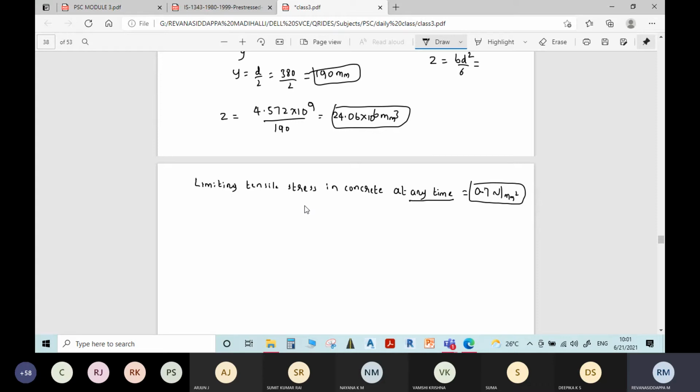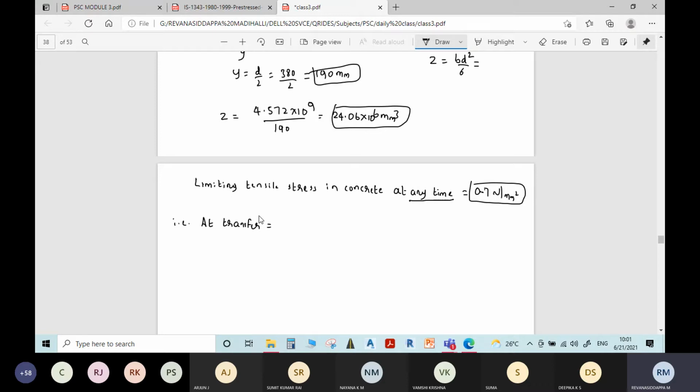Now what will we do? We will use this condition. He said that limiting tensile stress in concrete at any time is equal to 0.7 Newton per mm square. Now we will take two situations. One is at transfer condition. What is the meaning of this transfer condition?